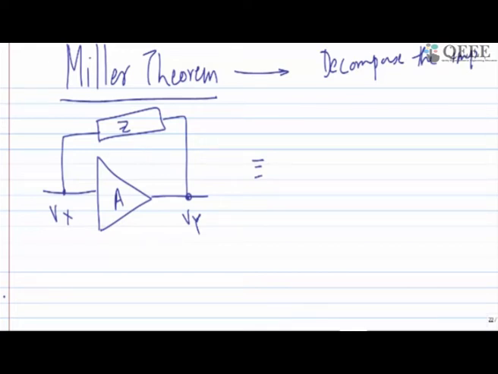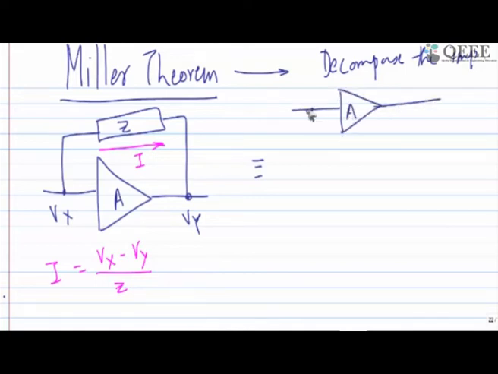So basically the current flowing through this one is equal to (Vx minus Vy) by Z. Now I want to make this one into a decomposition of your impedance Z1 and Z2, with Vx this side and Vy this side.